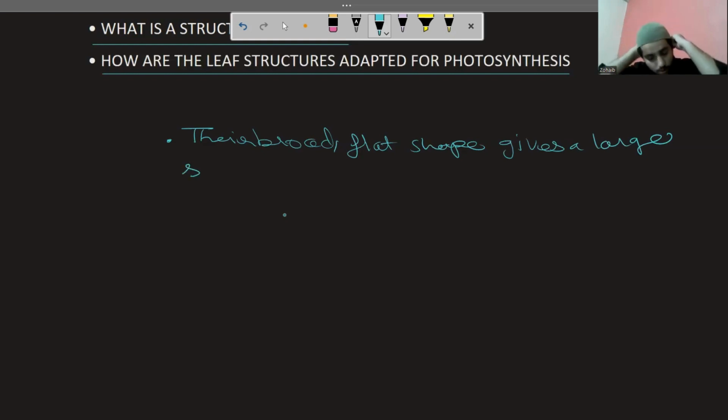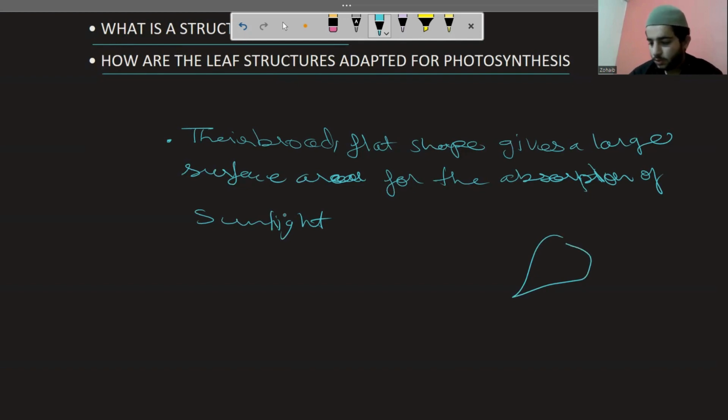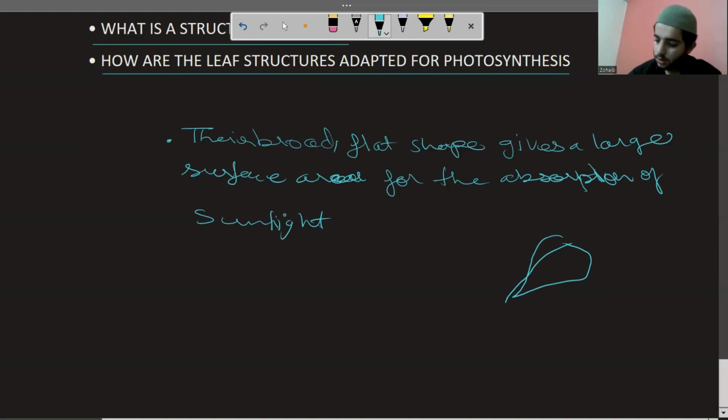Surface area for the absorption of sunlight. As you can see, leaves are broad shaped, like this, and this gives a broad shape.